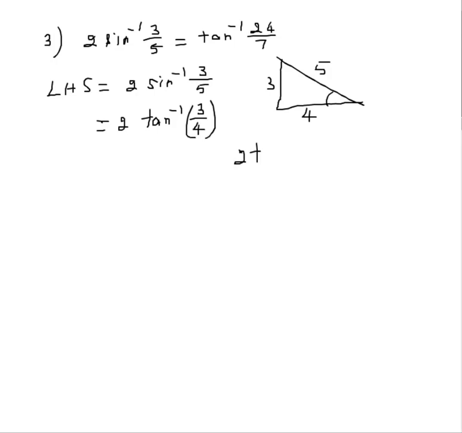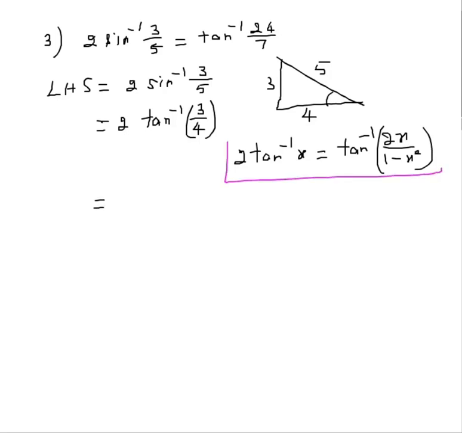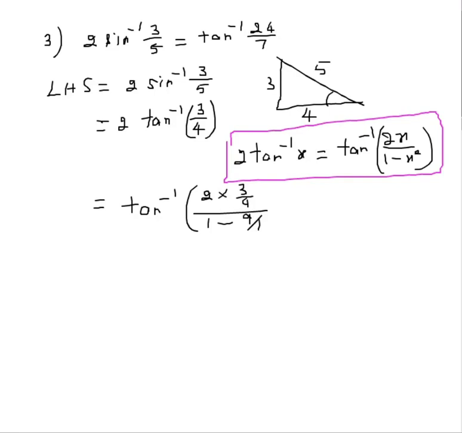Now let us use the 2 tan inverse of x formula. It has 3 formulae, but since the right hand side has tan inverse, we will use the tan inverse formula, which is 2 tan inverse of x is tan inverse of 2x by 1 minus x squared. It becomes tan inverse of 2 times 3 by 4 divided by 1 minus 3 by 4 the whole square, 9 by 16.